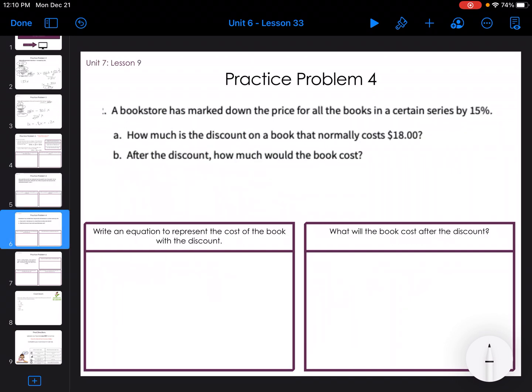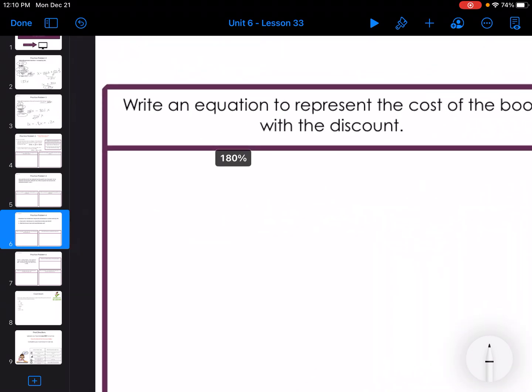A bookstore marked down the price of all books in a certain series by 15%. How much was the discount on a book that normally costs $18? So 15%. So how much was the discount? They don't want the cost, they want the discount.